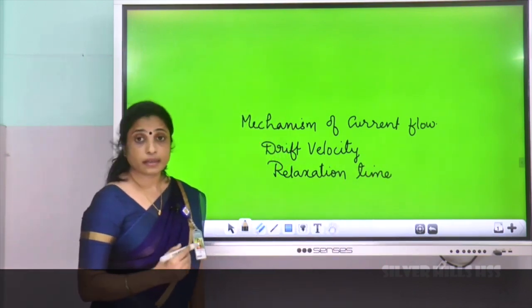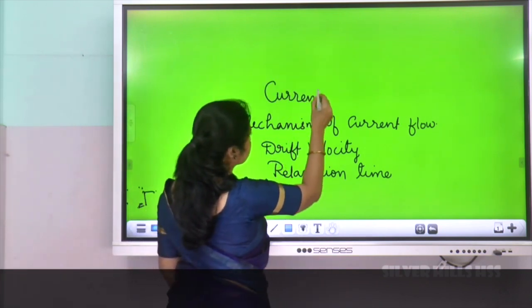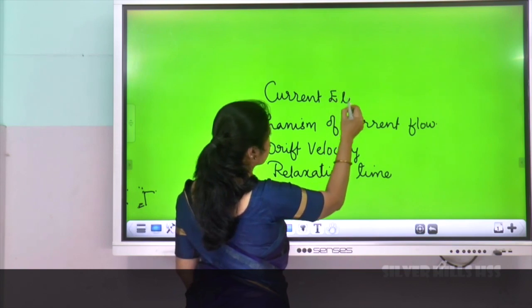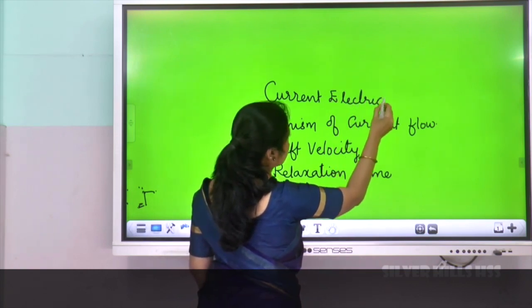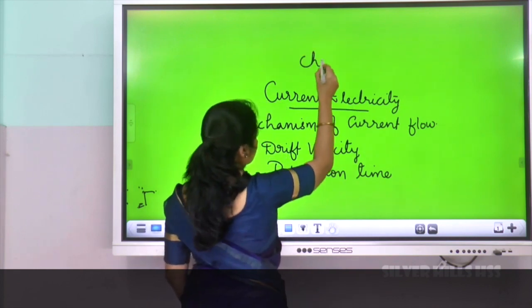This comes under the chapter Current Electricity, which is our third chapter.